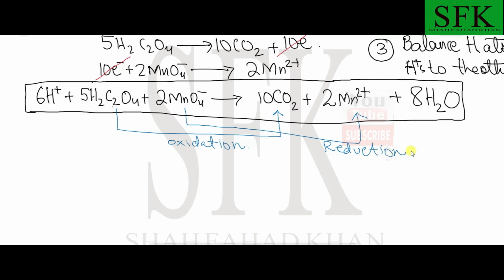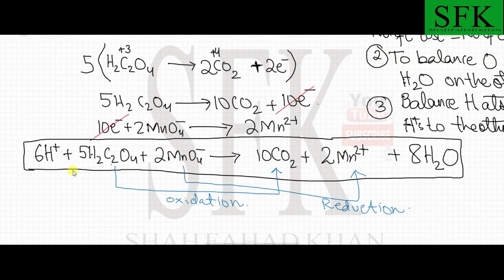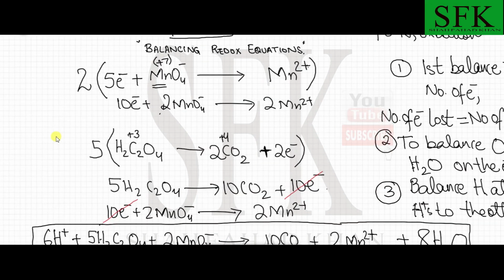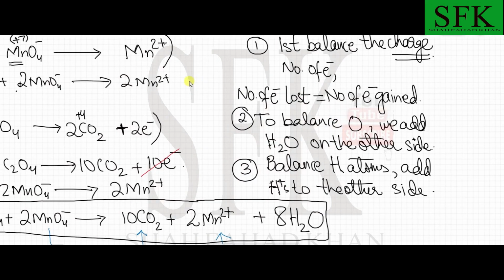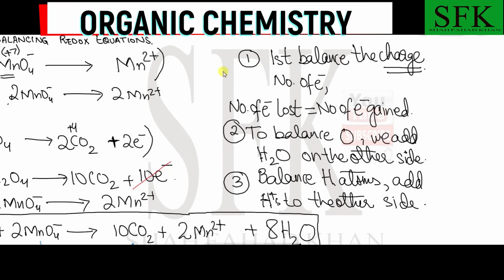Okay guys, now let me tell you one very important thing, that this equation is very important with respect to past papers, and it has been asked several times to balance this equation. So you guys should know how to balance it. You must know the important steps if you need to balance an unknown equation.